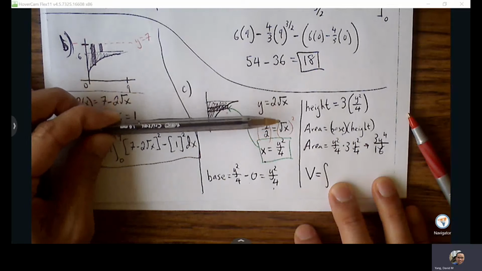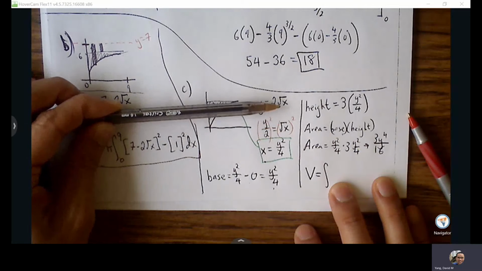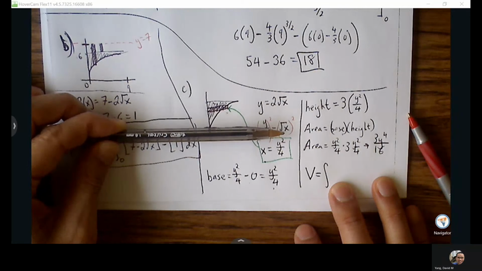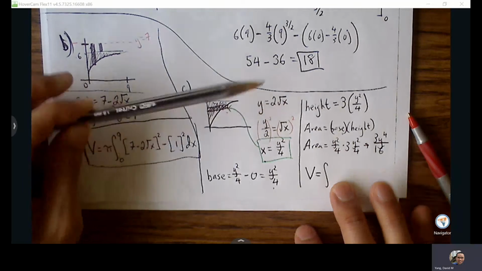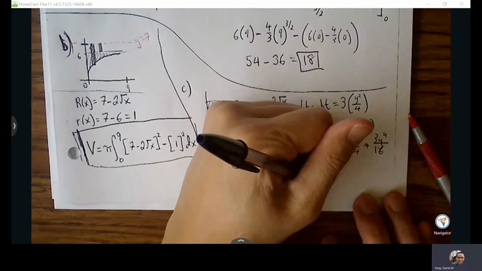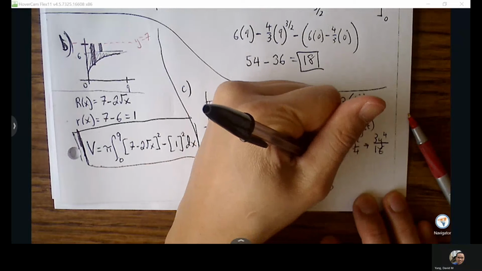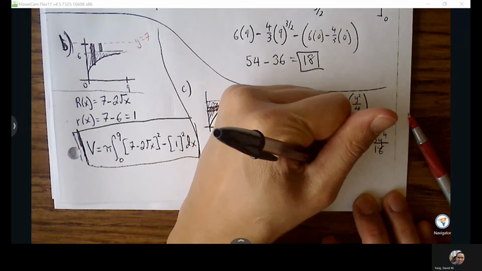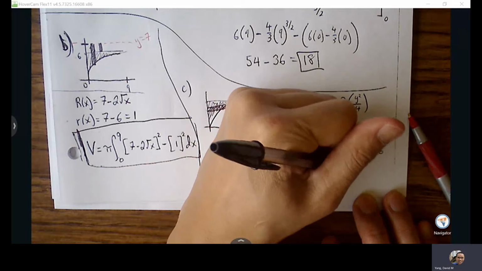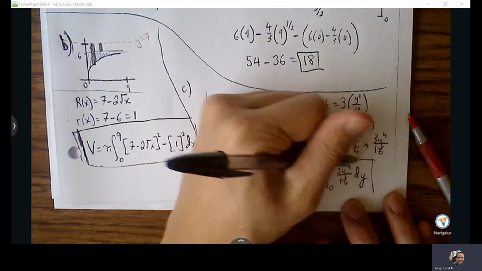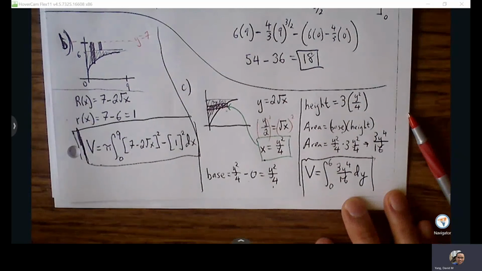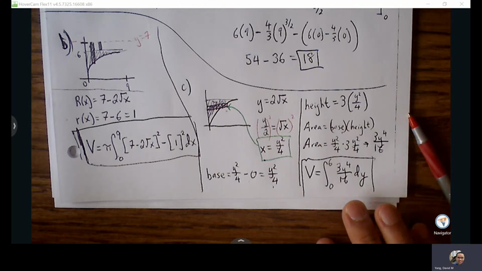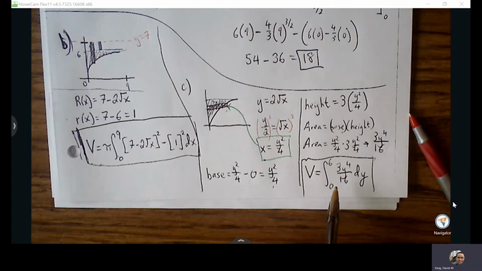Lowest to highest y value on the shaded region, what do you see? 0 to 6, yeah. Okay, just asking for the setup, and that's enough.